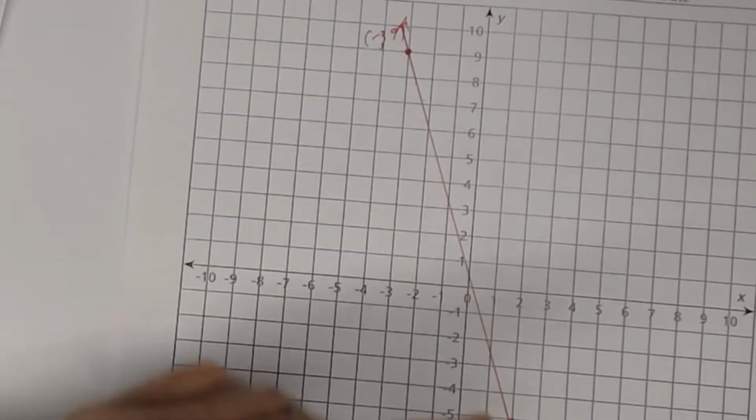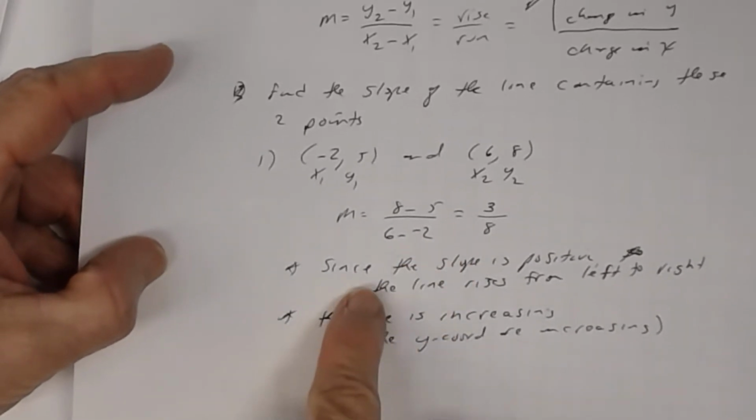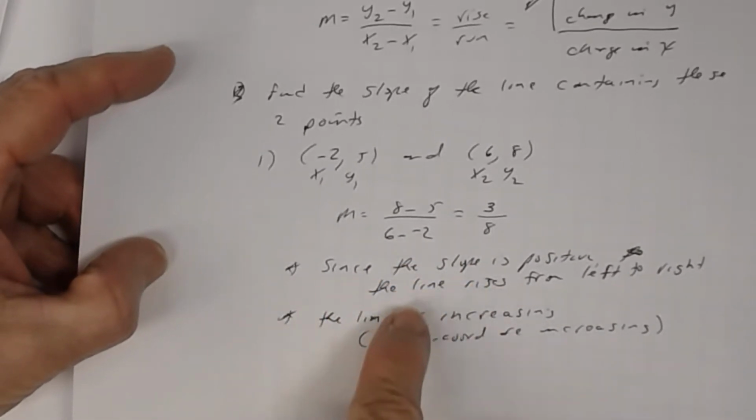So remember when we talked about positive slope, since the slope is positive, the line rises from left to right, which means that the y values are increasing.